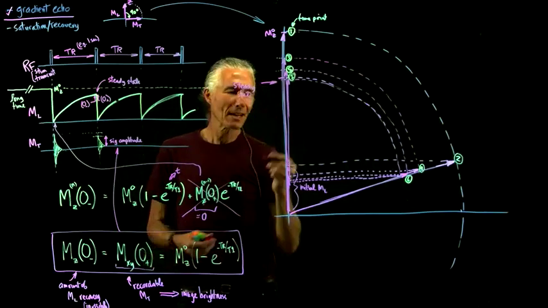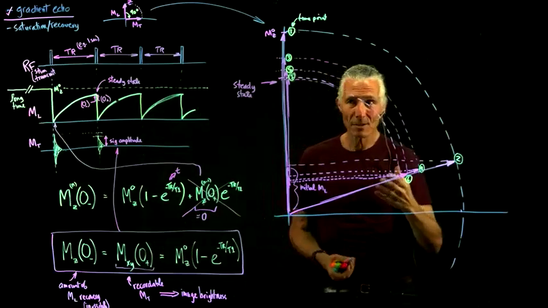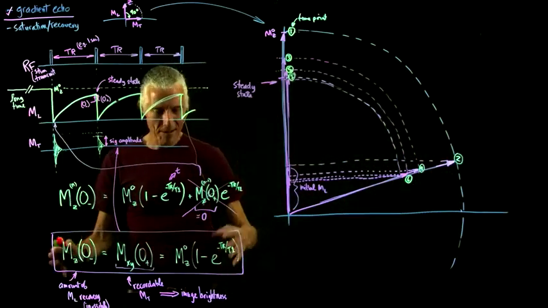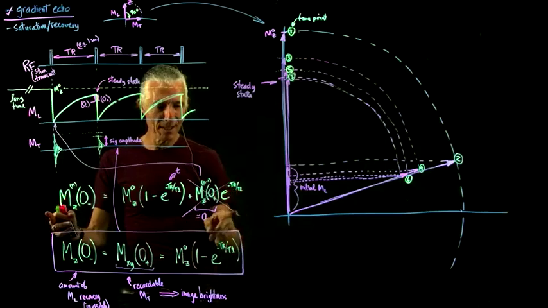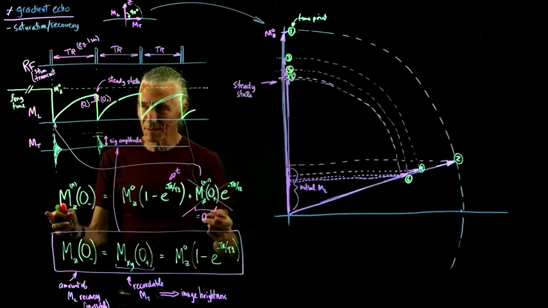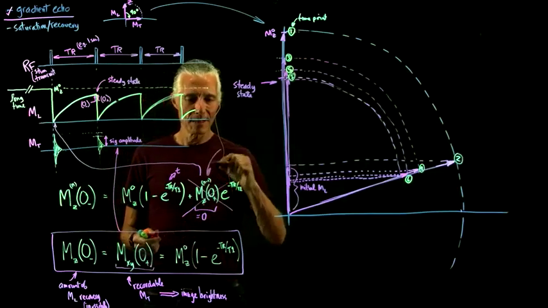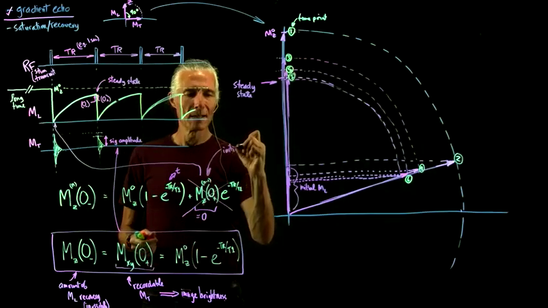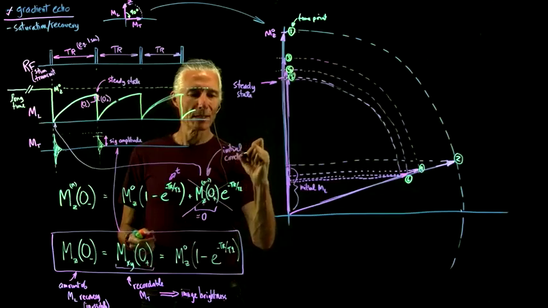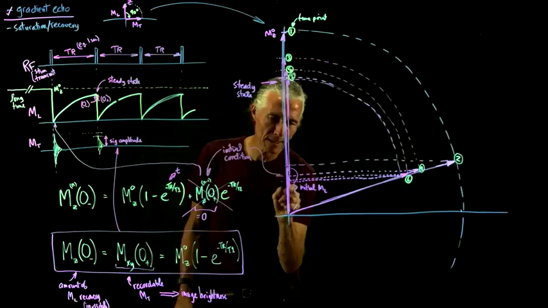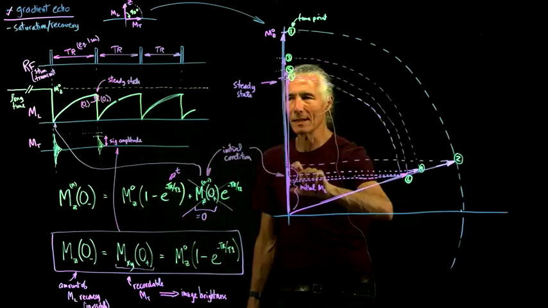Now, this was just kind of a graphical picture of it. If you wanted to actually do this correctly, you would have to calculate using this with a non-zero initial condition. So you'd have to stick the actual initial condition in. These initial conditions are different each time.